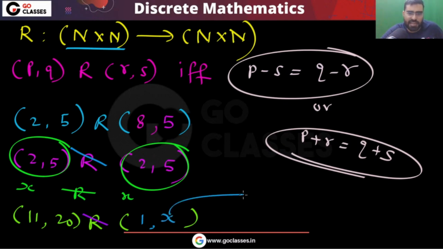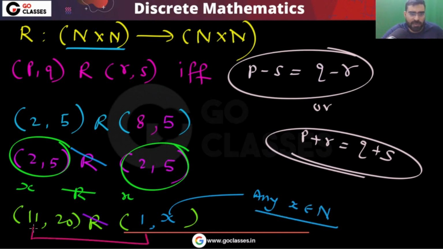This x can be any natural number. So this will not be related, because 11 plus 1, that is 12, will never be equal to 12 plus x. That is never going to be equal to 12 plus x. So definitely this is not related to (1, x). X can be any number.